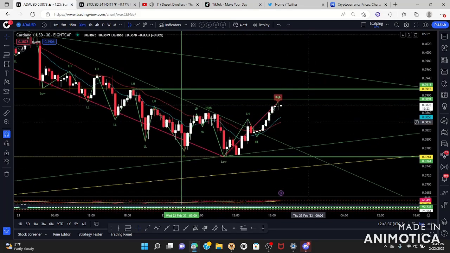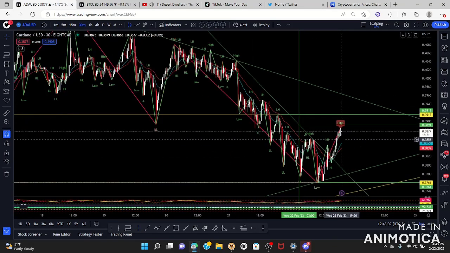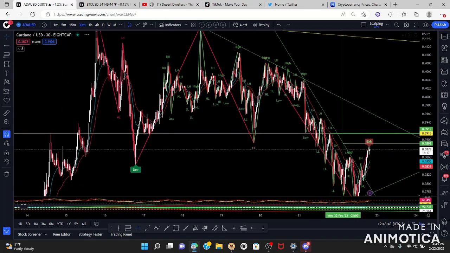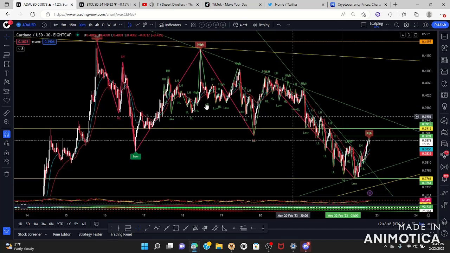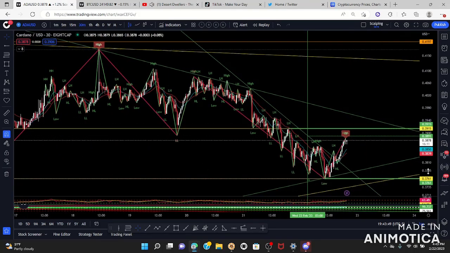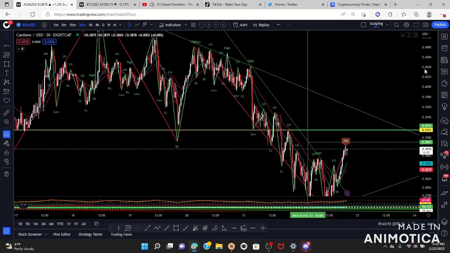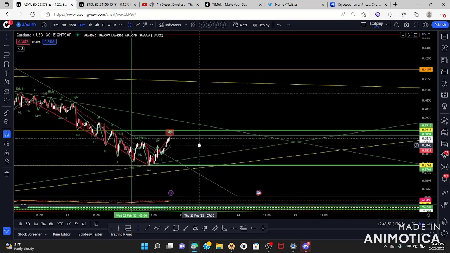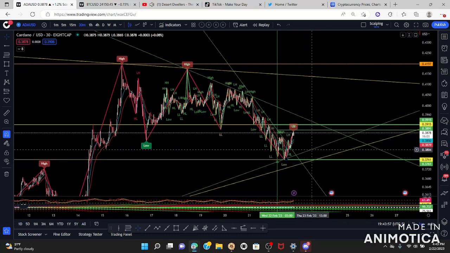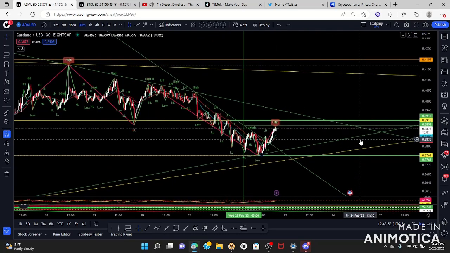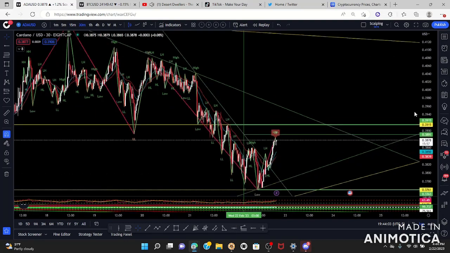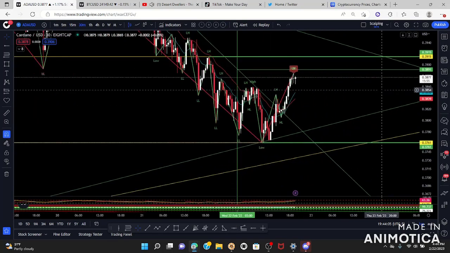Within the 30 minutes, we're creating a new high here. Because this is a daily and a 4-hour support, now it's resistance here. So if we cross this trend line, we're coming up to higher targets, obviously. We'll get there when we get there.